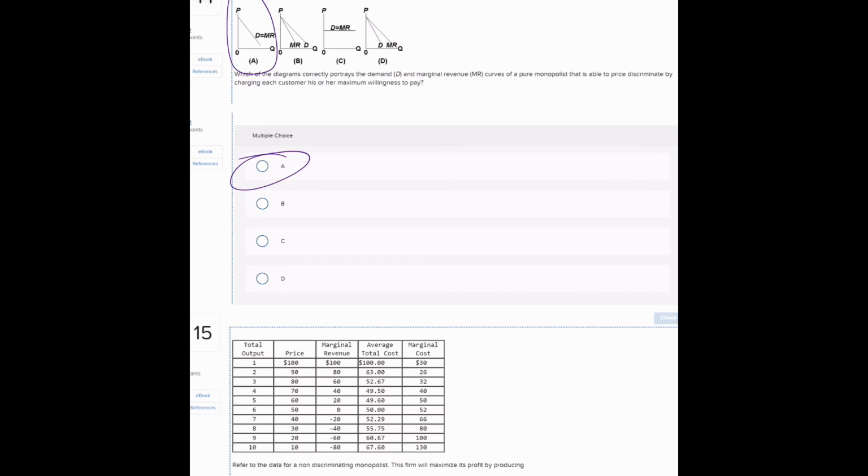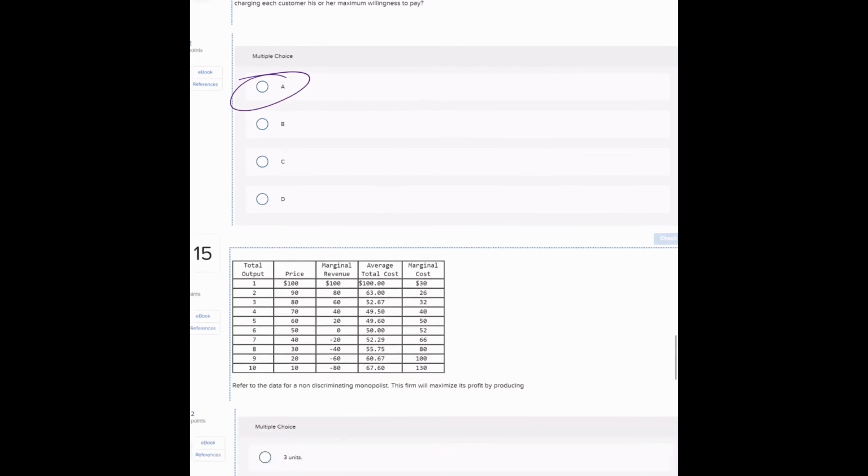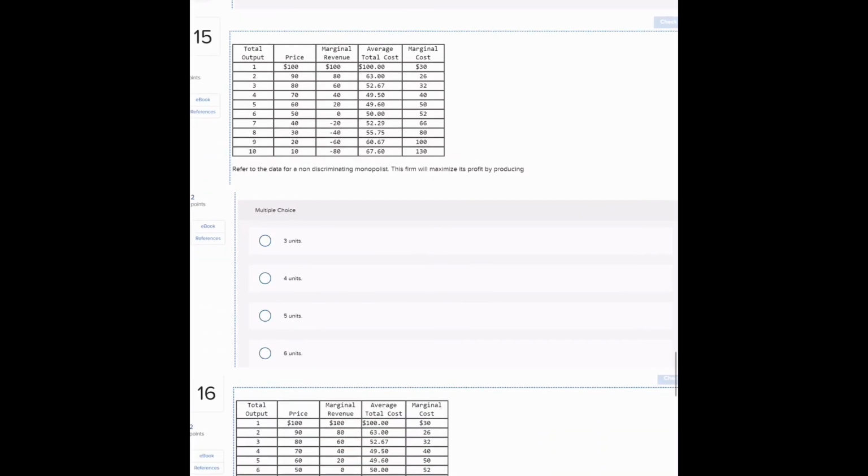We get as much revenue when we sell a unit to each individual at what they're willing to pay. Number 15, refer to the data for a non-discriminating monopolist. So that's really important because now we're looking at this picture of the monopolist, right? This firm will maximize its profit by producing where, remember, marginal revenue is equal to marginal cost.